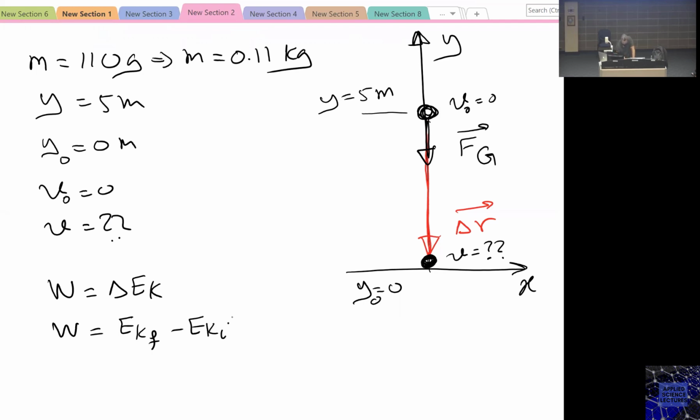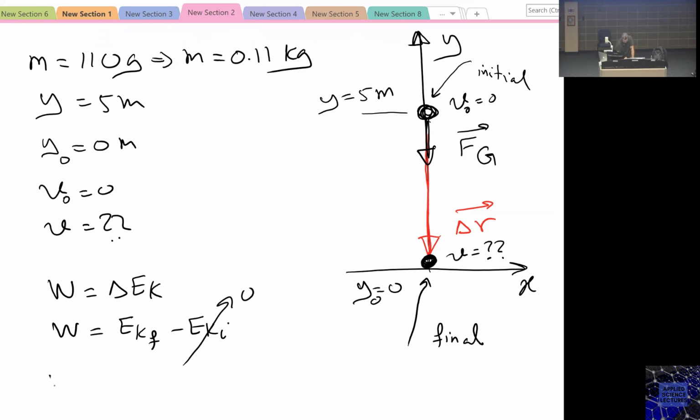This is the initial, and this is the final. Since it's starting from rest, the initial kinetic energy is 0. So I ended up with W equals EK final.